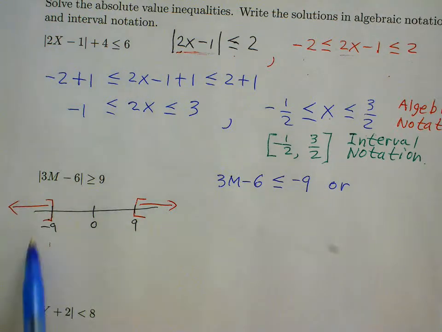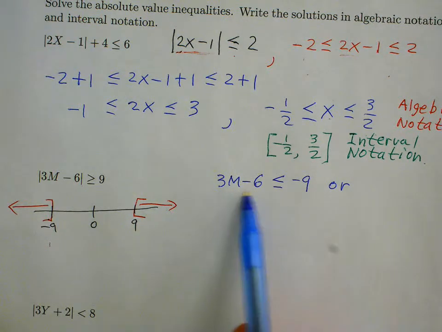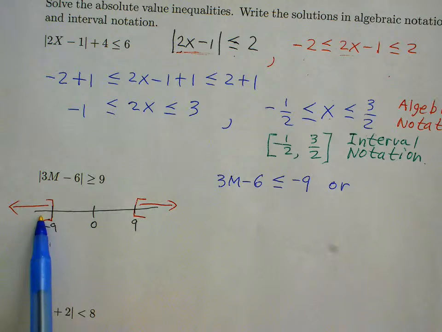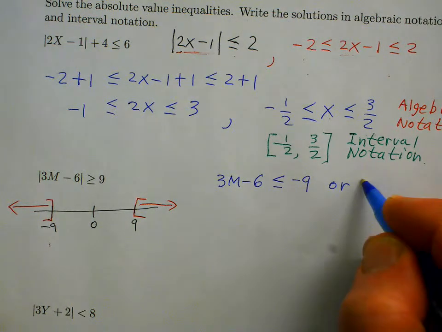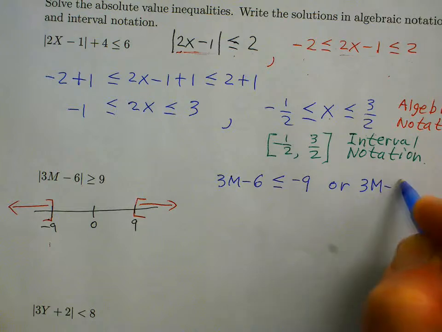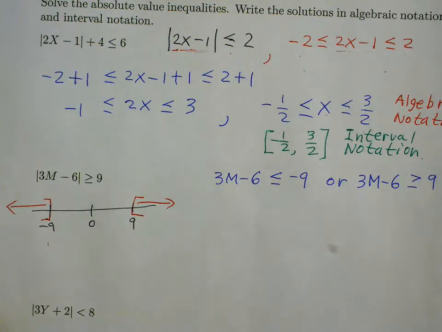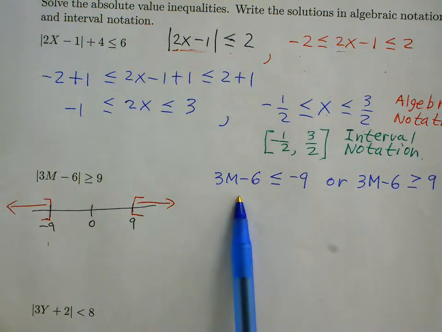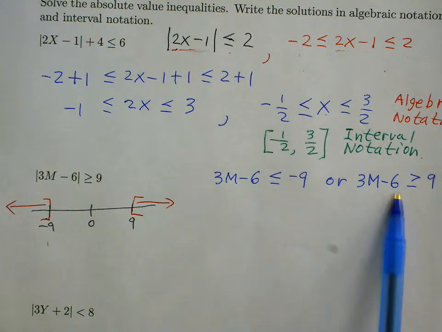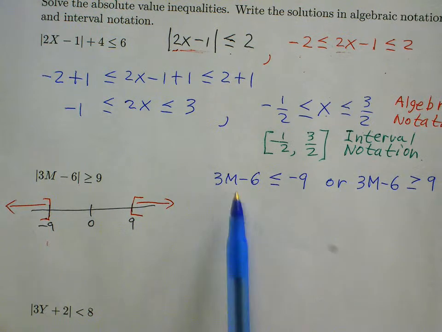So using our graph to help us, 3m minus 6 is either less than or equal to negative 9, or 3m minus 6 is greater than or equal to positive 9. Is this making sense? We want to solve for m, so in each of those two inequalities, we'll just solve for m.